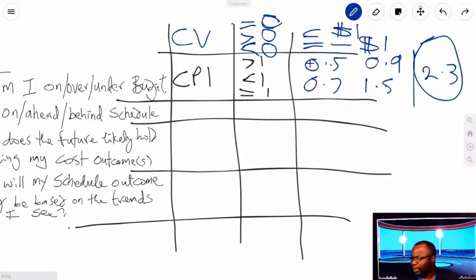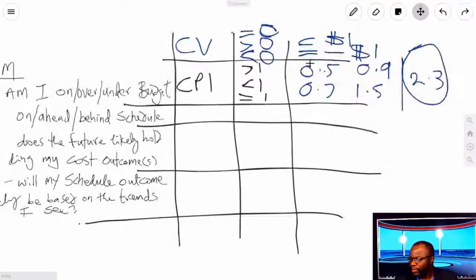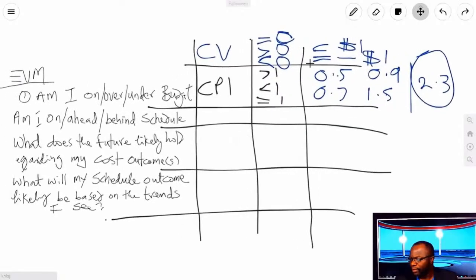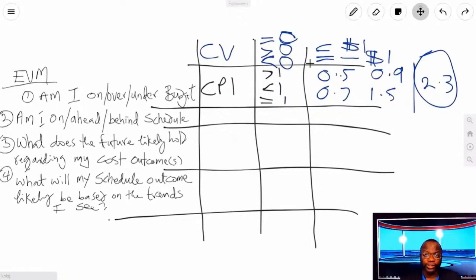If you ever get the question, if someone says, what is the most conclusive metric for cost? And you have cost variance and cost performance index, the answer is always going to be the index, because a variance does not really tell you how good the variance is. For example, if we have a $1 positive variance, so CV equals $1, you don't know how good that is until someone tells you, oh, by the way, it's a $3 project.